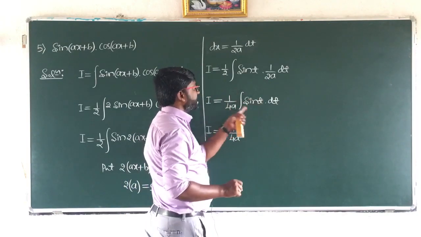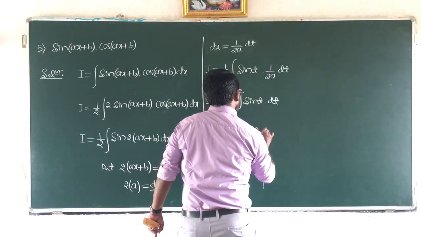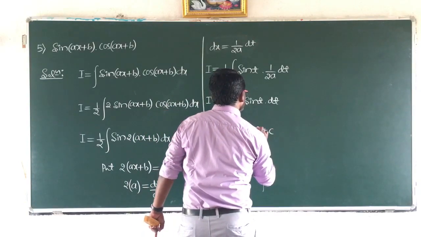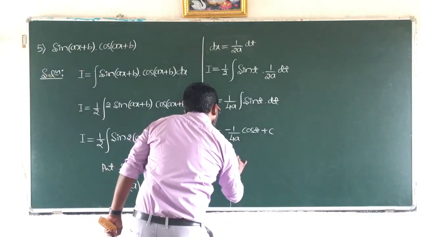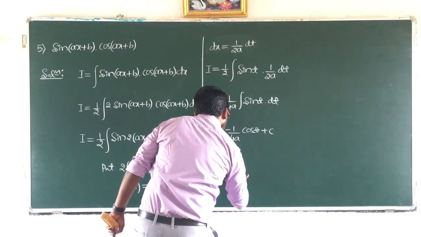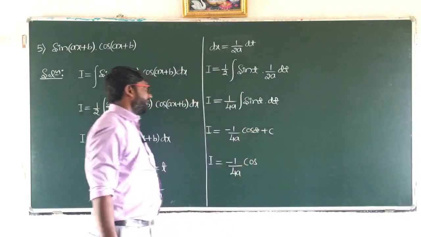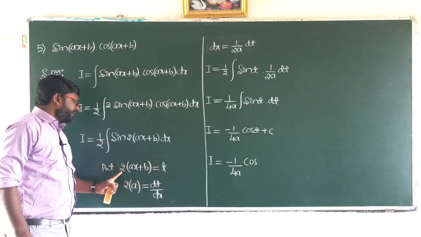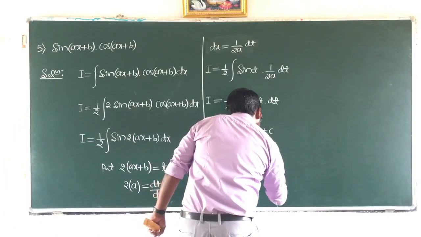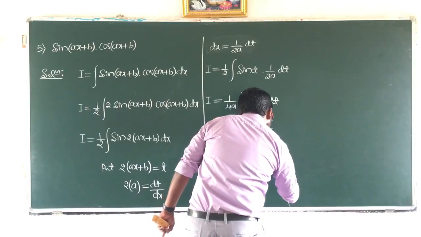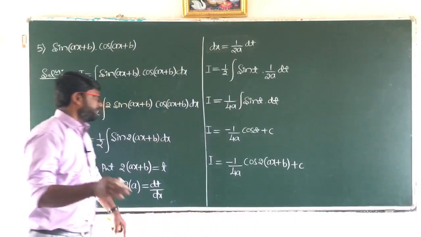From this integral I am getting the minus sign, into cos t plus c. So replace t. I is equal to minus 1 divided by 4a cos, what is t here? T is going to be 2 times ax plus b. So cos of 2 times ax plus b plus c. So this is all about the fifth problem.